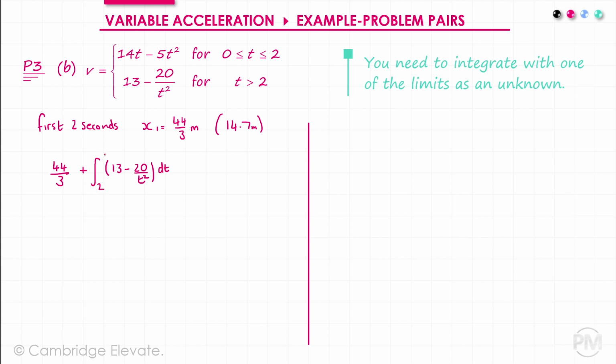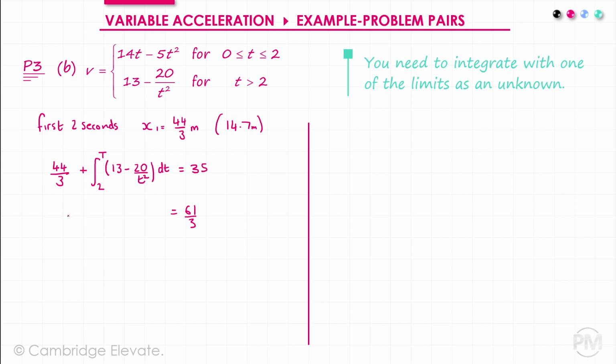We don't know how long it's going to take us to get there though, so we need to have a letter here. I'm going to use capital T. But we know if we add these two displacements together, we want to arrive at the answer 35 metres. From here, it's just a case of simplifying things and then doing the integration. So if we subtract 44 thirds from both sides, 35 take 44 thirds gives me 61 thirds.